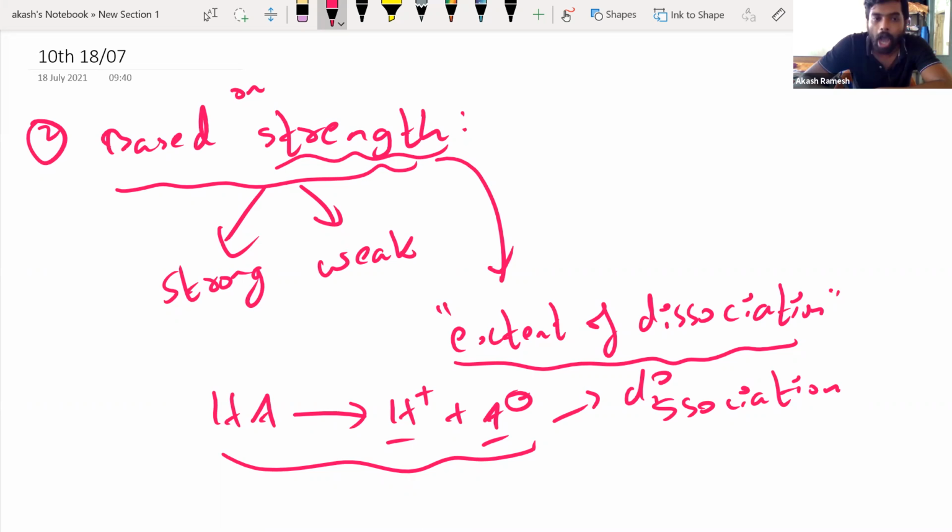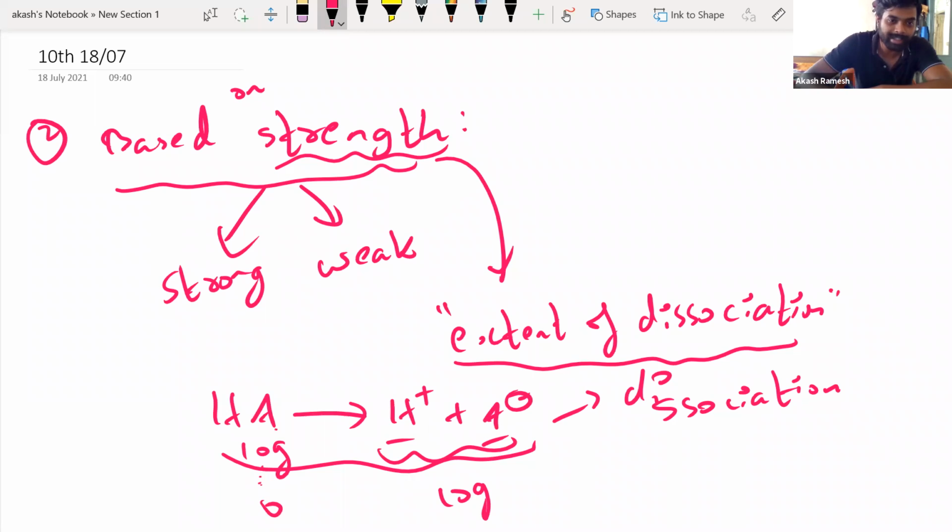Now, how much this dissociation reaction is going to happen is the question. Say, for example, you take 10 grams of this acid. I'm just giving you a random number. If you find that after some time this becomes 0 and the H plus and A minus becomes 10 grams, what do I mean by this?